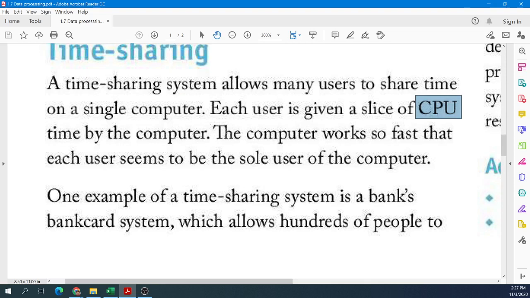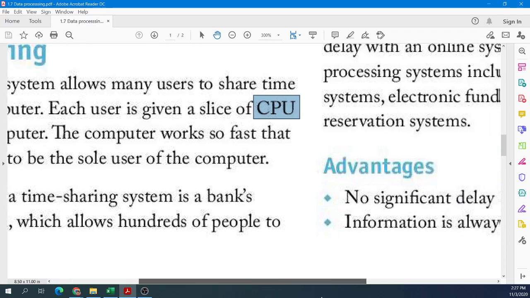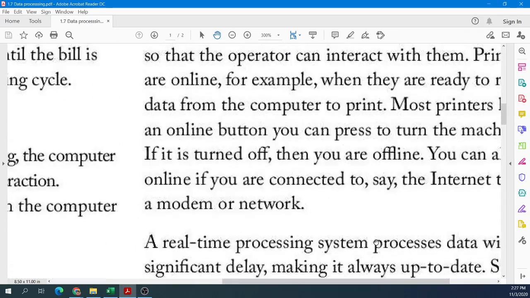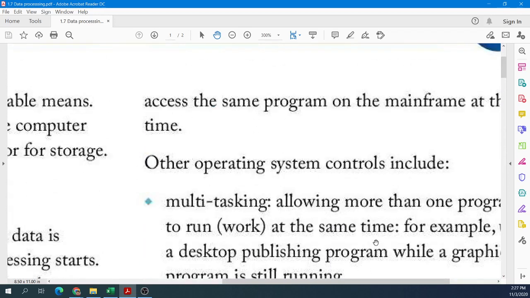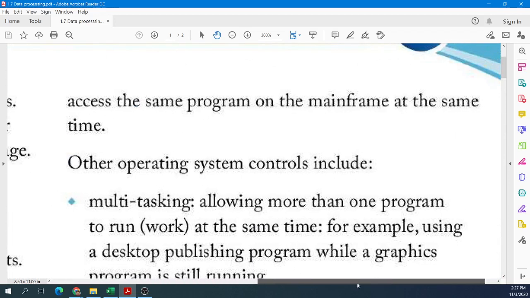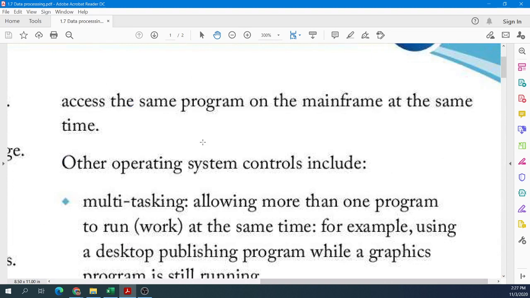Now, one example of time sharing is a bank card system, which allows hundreds of people to access the same program on the mainframe at the same time. So, the mainframe, we're going to look at this word later on in types of computer, is basically a very large computer that can support all of those users.